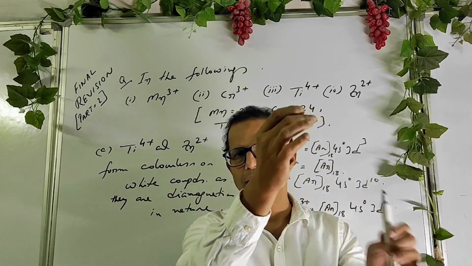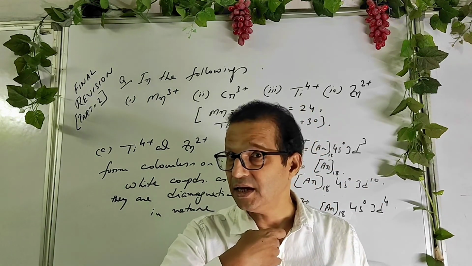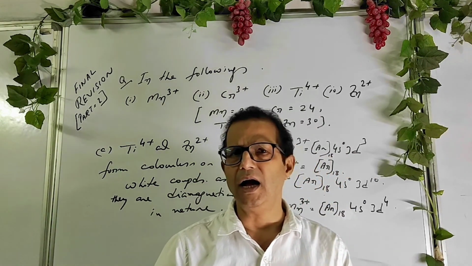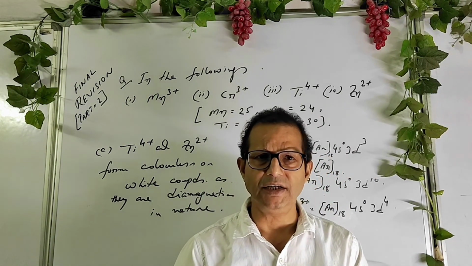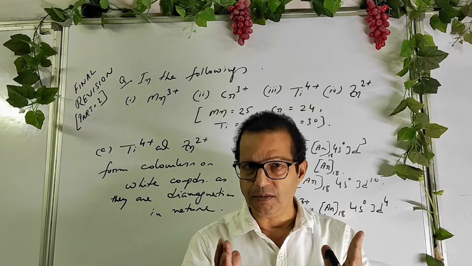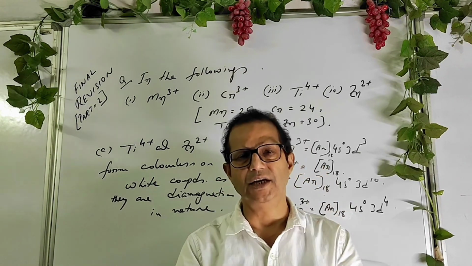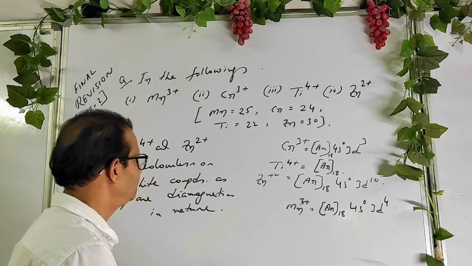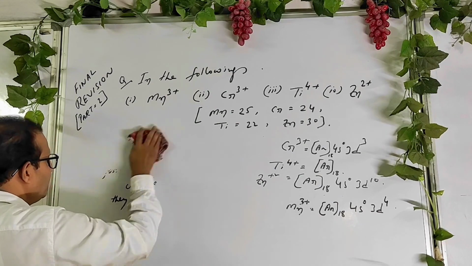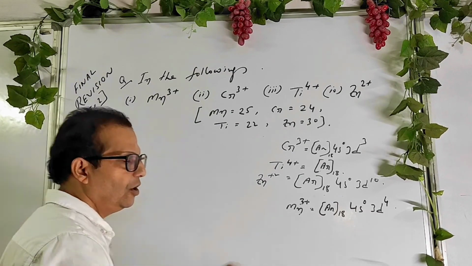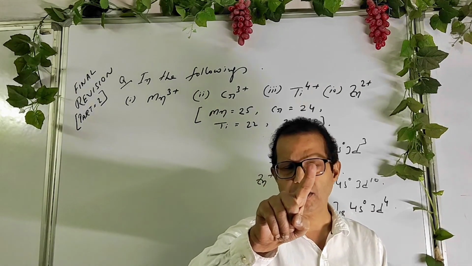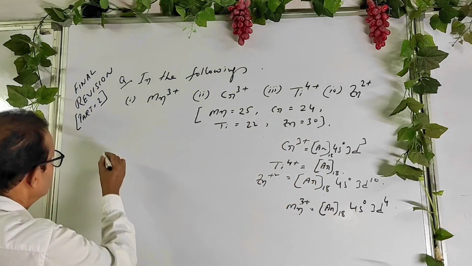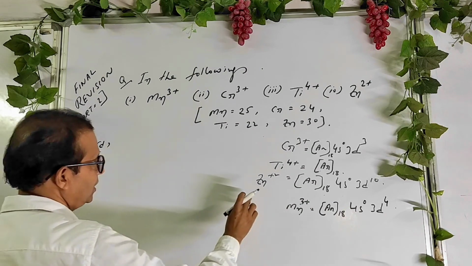Most of the transition metal ions act as oxidizing agents to attain a stable configuration. That's a very important question. So remember it: oxidation means loss of electron, and an oxidizing agent gains electron.